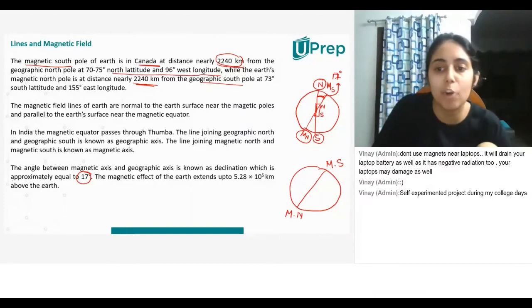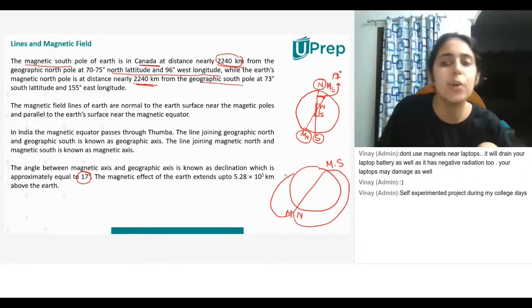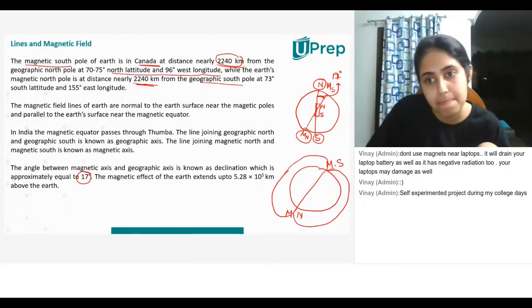What is the meaning of normal? Usual. Usual, ma'am? Do you guys know what perpendicular means? Yeah, ma'am. Perpendicular. You have taught us that, like the equatorial line. Yes.